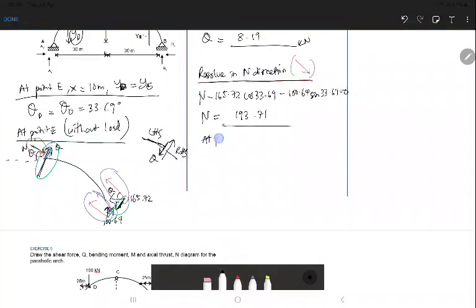And then you do it again, you sketch again. At point E with load. Okay, you have load here 5 kilonewton.